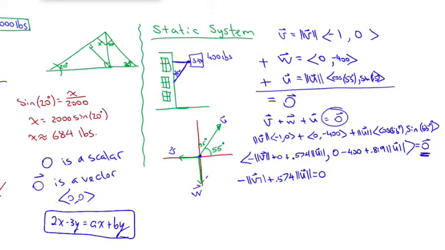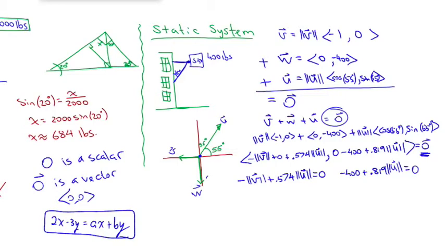So we get the first component of the left vector is equal to the first component of the 0 vector. We also get negative 400 plus 0.819 magnitude of u, the second component, is also equal to the second component of the 0 vector. You solve for magnitude of u, and then you plug in the magnitude of u as the other side, solve for the magnitude of v.